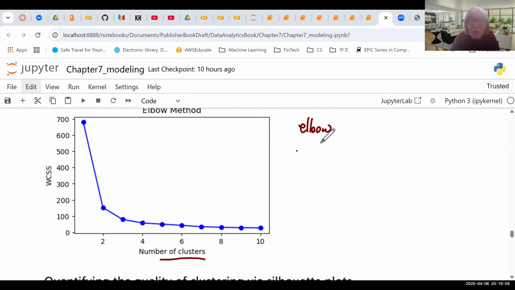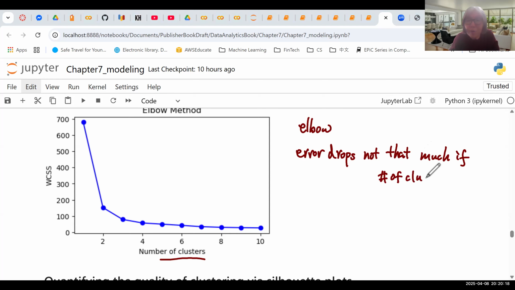Basically it means the inertia drops not that much if the number of clusters increases.